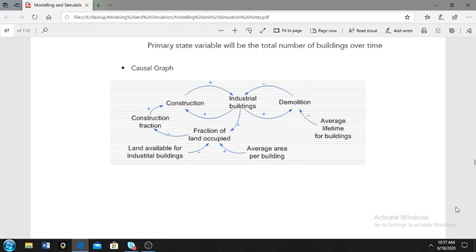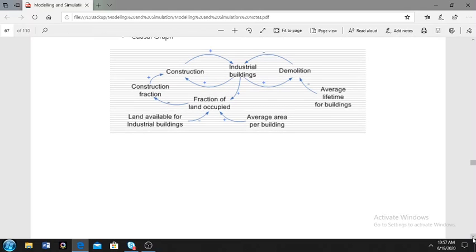So this causal graph is transformed into a stock and flow. Everything is not stock or flow. We only have one stock, the stock of industrial building, which is influenced by construction, which is a rate, and demolition, which is another rate. All the rest are auxiliaries.